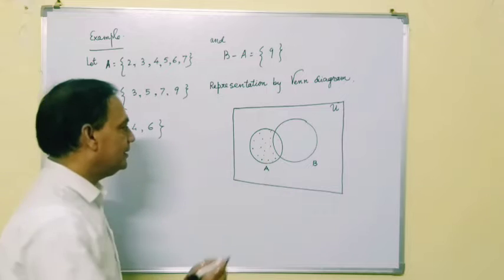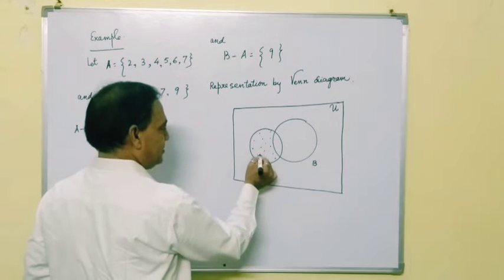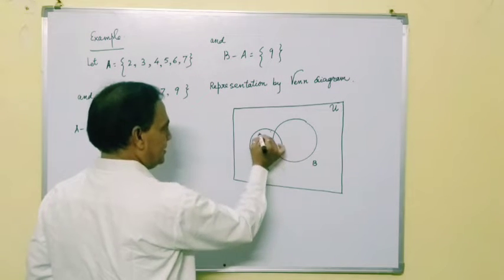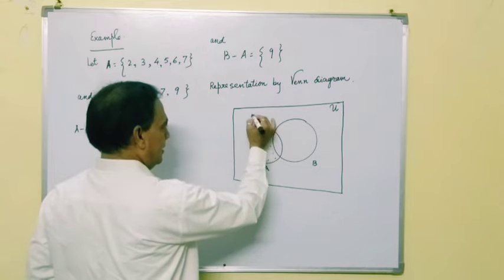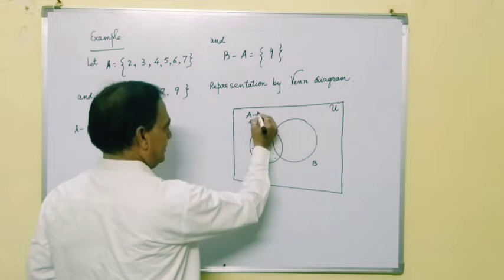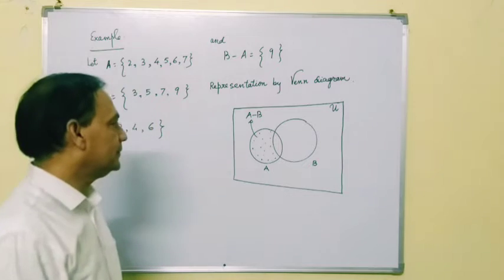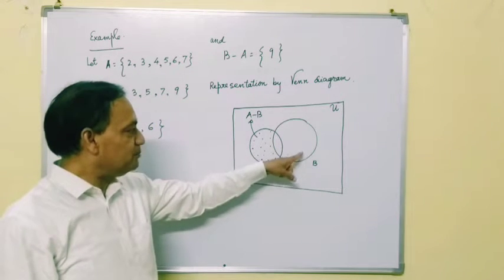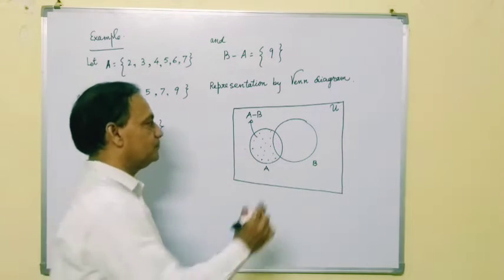This set is A minus B. All elements of B which are not in A.